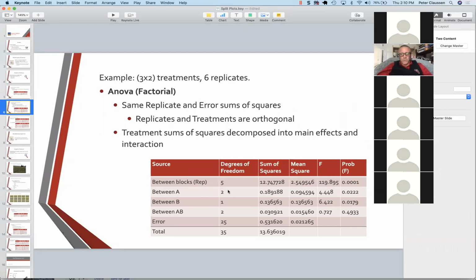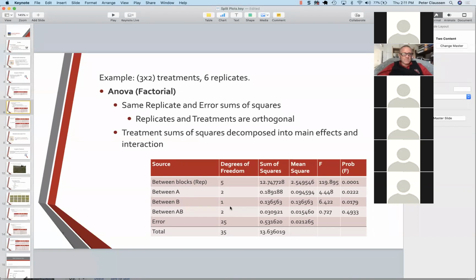There are 3 components for factor A, so there are 2 degrees of freedom there, and 2 components for factor B, so there is 1 degree of freedom, and since we had 5 degrees of freedom total, we end up with 2 degrees of freedom for the interaction part.